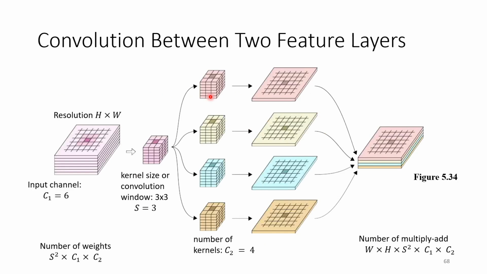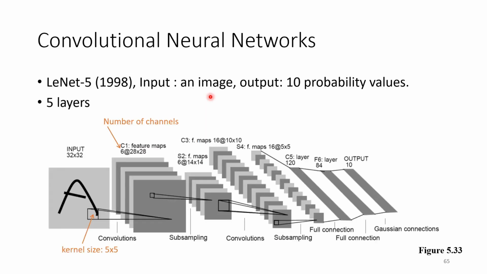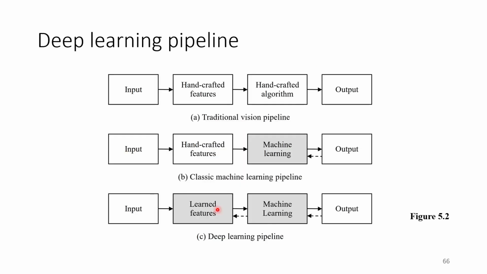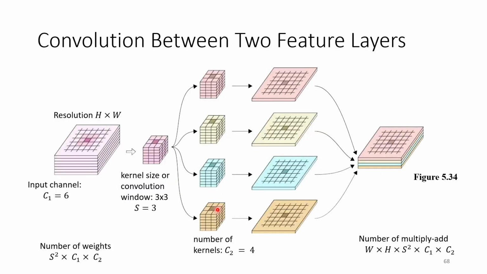So here we see this is a feature map, and this is another feature map. What is the relationship between the two feature maps? Suppose this is a feature map. The resolution is h times w, and there are several channels.